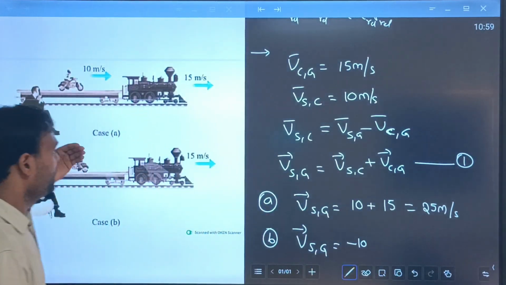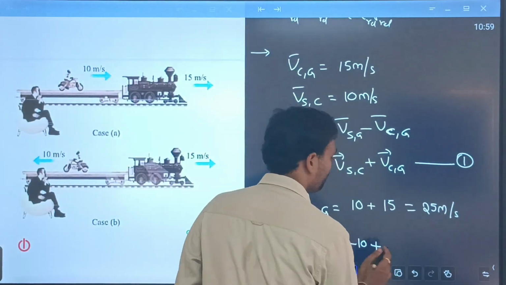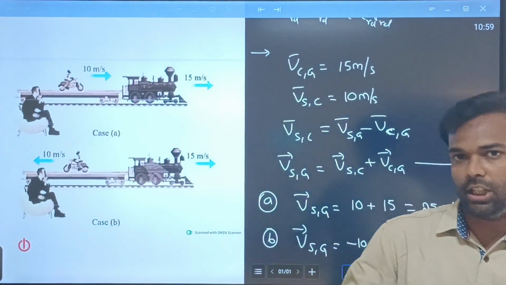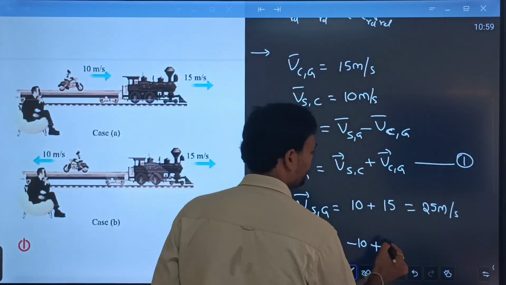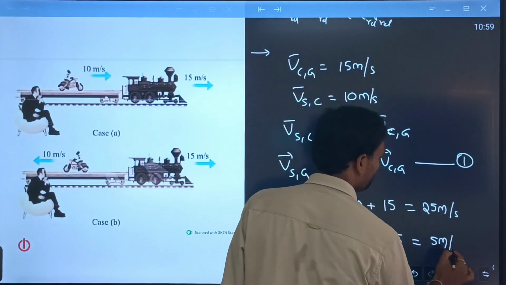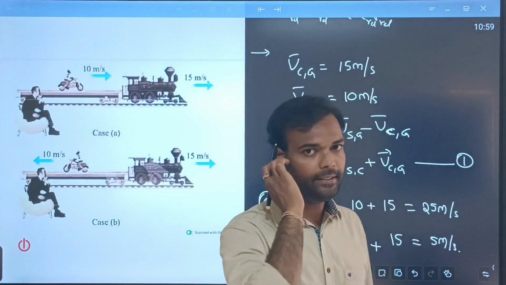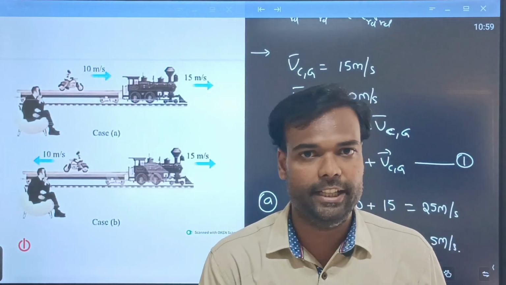The car, of course, is moving in the rightward direction with 15 meters per second, so I keep this as it is. Then the answer will be 5 meters per second. I am giving this question for your conceptual understanding.